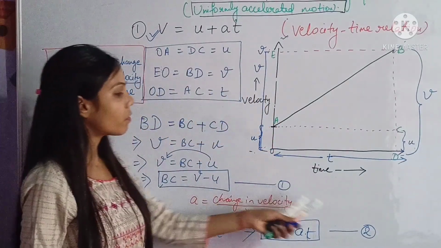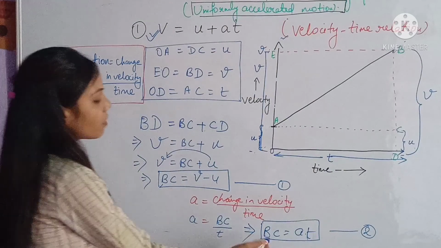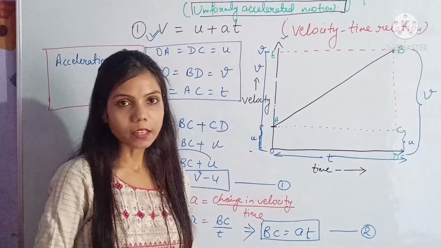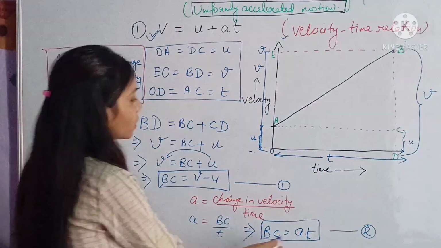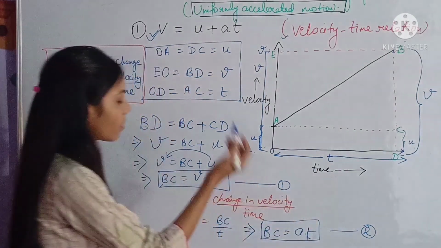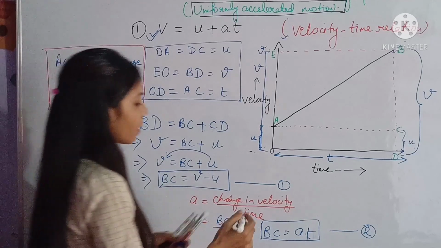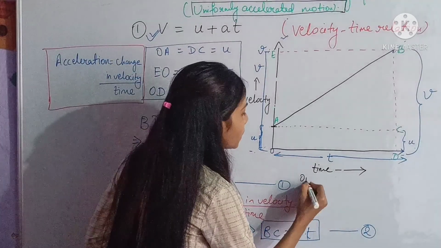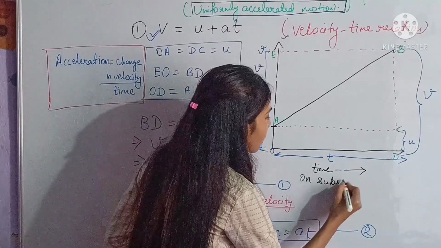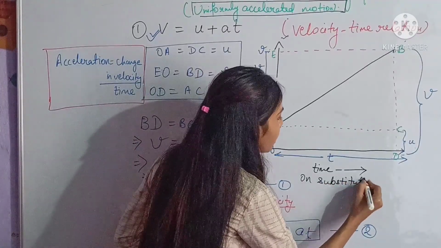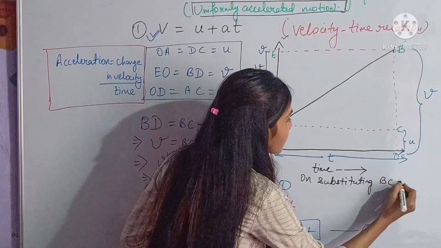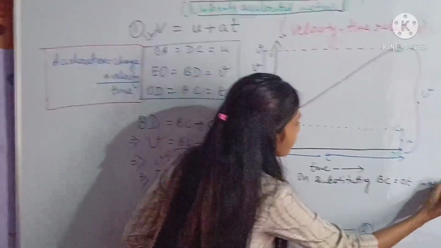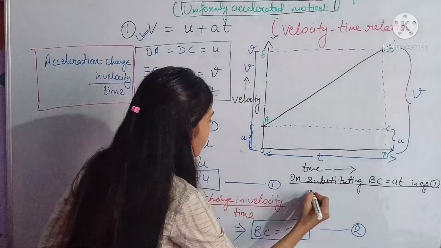Now observe equation number 1 and equation number 2. Can we substitute BC is equal to AT in equation number 1? Of course we can do it. So on substituting BC is equal to AT in equation 1: what is our equation?